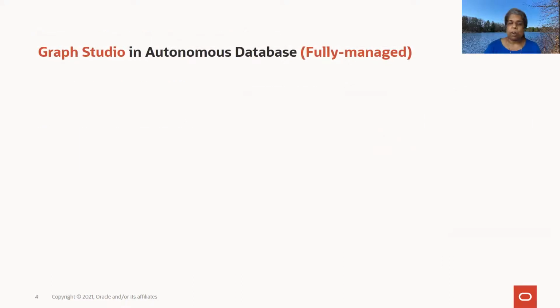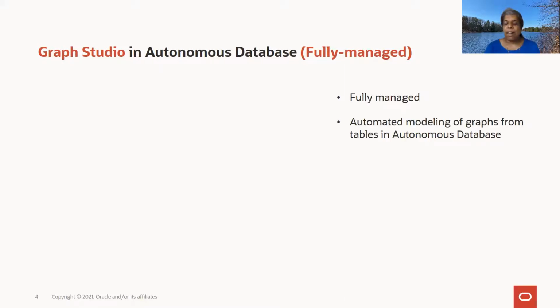So let's take a closer look at some of these options. When you're working with Graph Studio in autonomous database, it's a fully managed option. It has several features for automating the working with graphs, like creating a graph from tables in a database. When you're using Graph Studio, you can automate the creation of the graph.